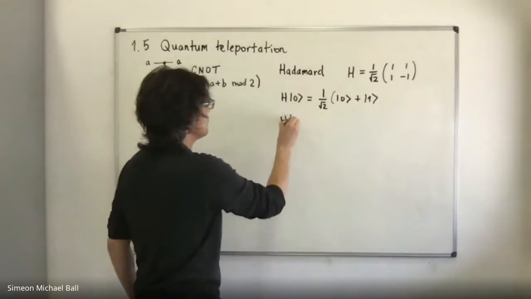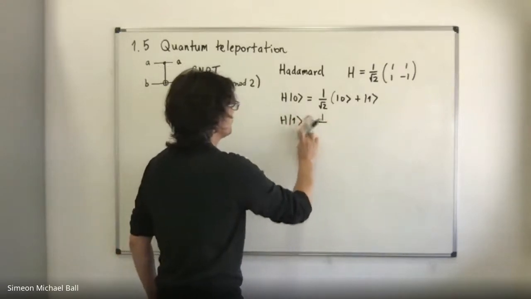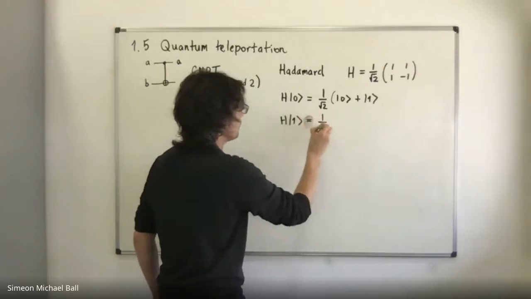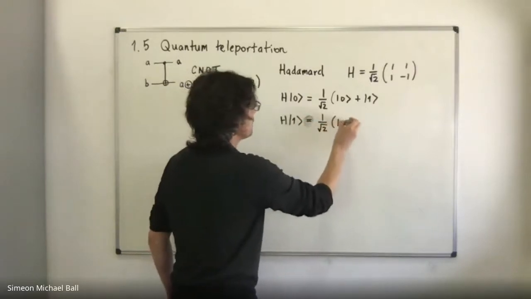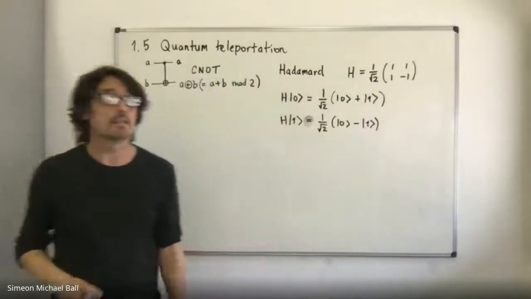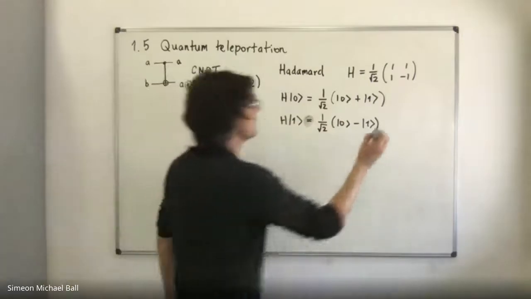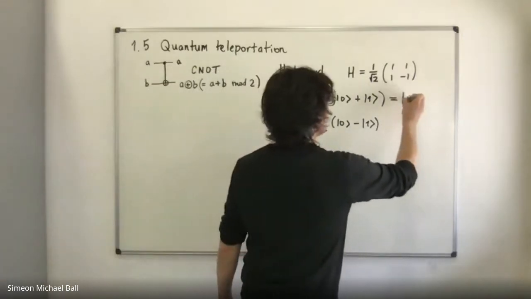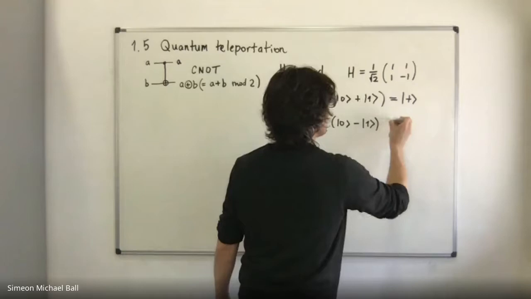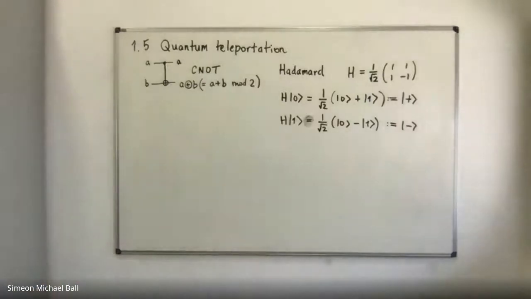And H of 1 is 1 over root 2, 0 minus 1. These states are so useful that we give them their own labels. This is defined to be plus, and this is defined to be minus. Okay, so they will come up again and again.